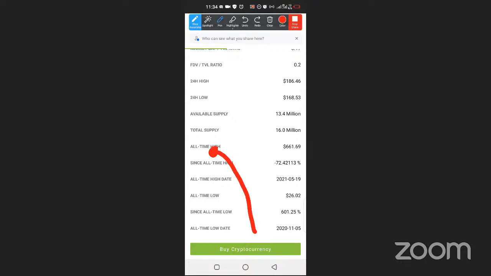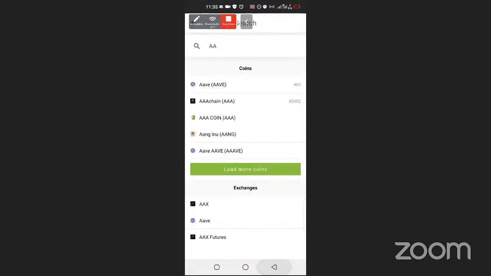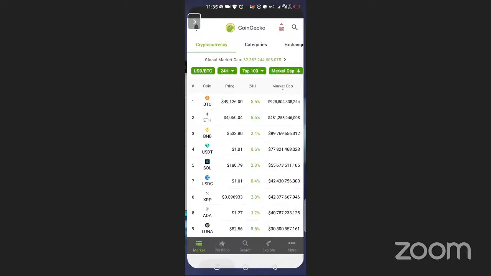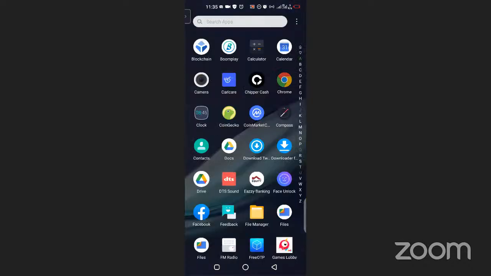When it goes up again, when its next all-time high comes, it is usually greater than the previous all-time high. Okay, so let us try it out.